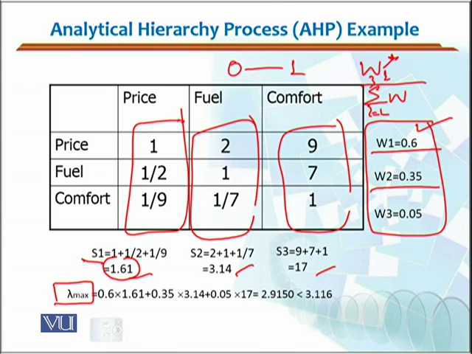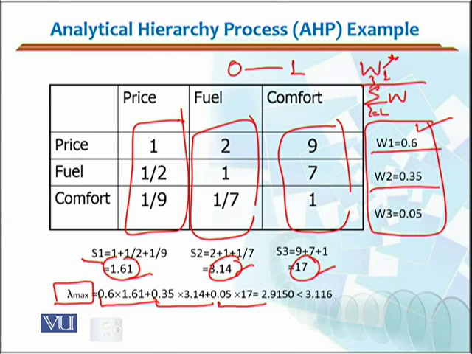So in the first case, it would be 0.6 multiplied by 1.61, plus 0.35 multiplied by 3.14, plus 0.05, the third weight for comfort, multiplied by the total of the column, which is 17. So we have a value of 2.915.